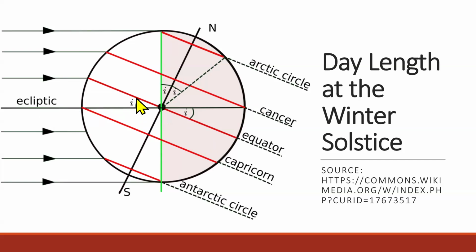Notice this angle that's labeled little i. Little i is the angle of the tilt. And because of geometry, we see that the angle of the tilt from perpendicular to the plane of the ecliptic, or the plane of the orbit, is going to be the difference between this line that represents the ecliptic and the equator.